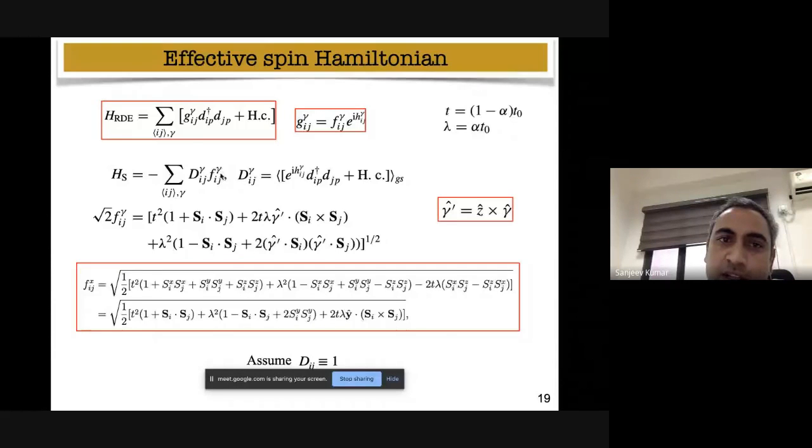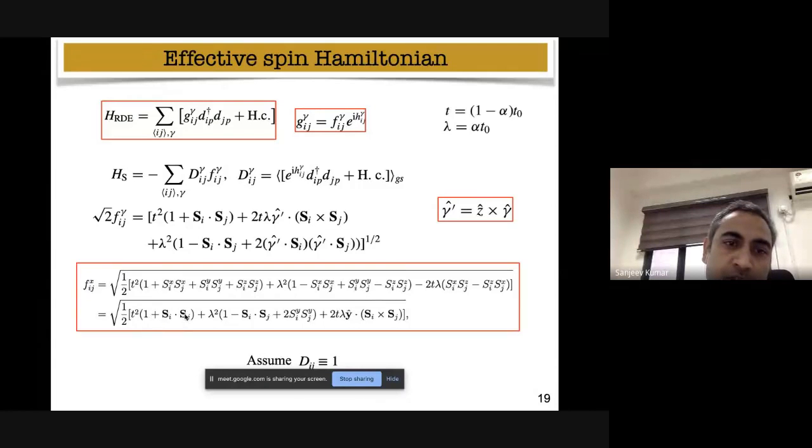Gamma denotes the direction, which means Fij along x and Fij along y are different. This is the compact form of the expression. If you expand it along one of the directions, it will look like this. It's a rather complex looking expression, but the physics is very clear once you look at these terms individually.